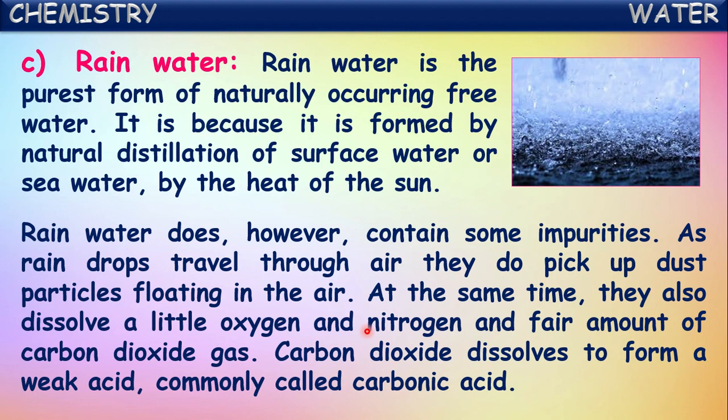At the same time, it also dissolves a little oxygen and nitrogen and a fair amount of carbon dioxide gas. Small quantities of oxygen and nitrogen gas will be dissolved into the rainwater while coming down, and a fair amount of carbon dioxide gas also will be dissolved, because carbon dioxide is fairly soluble in water.